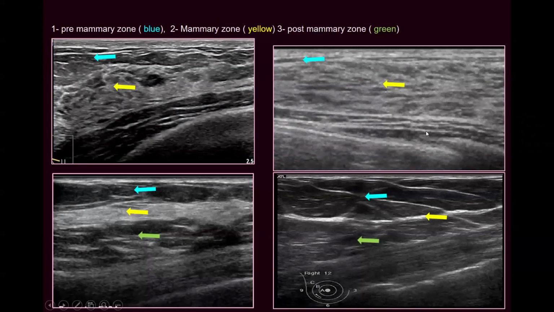As well as in this example, the breast is fully occupied by fibroglandular parenchyma with paucity of the pre-mammary fat or subcutaneous fat and no retromammary fat. Okay, here we can see the pre-mammary zone well seen, but no retromammary zone, the mammary zone resting on the pectoralis.